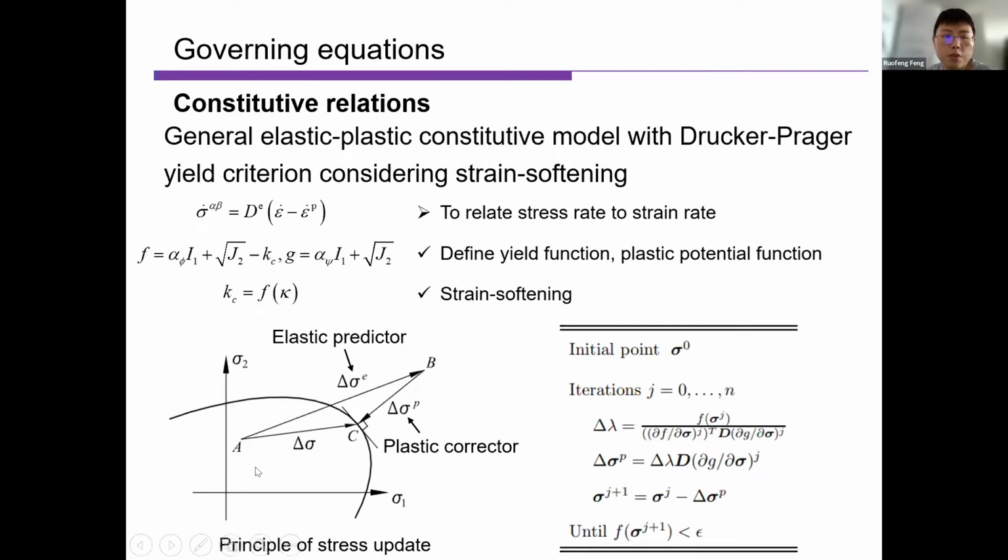For stress point A, we assume an elastic condition to predict its stress to point B. If point B exceeds the yield surface, we have a plastic corrector to return this stress back to the yield surface in order to satisfy the yield criterion and also the plastic flow rules in the theory of the elastic-plastic model. So here we have an iterative algorithm to update stress.